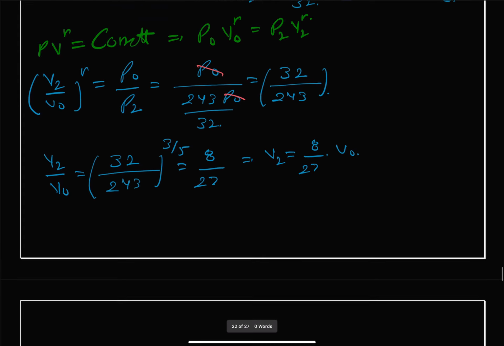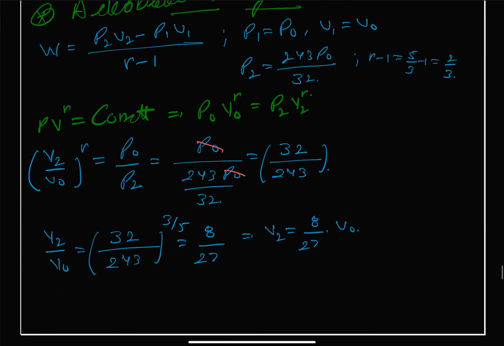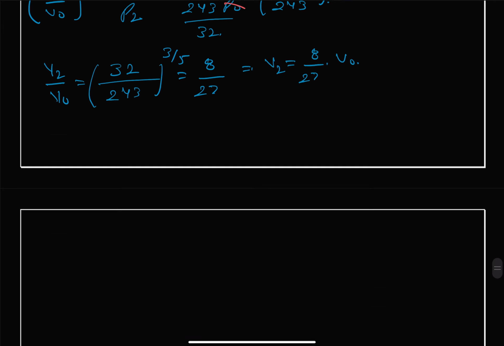Okay, let us calculate this individually. So we can say that our P1 V1 is equal to P naught V naught. So, one second.